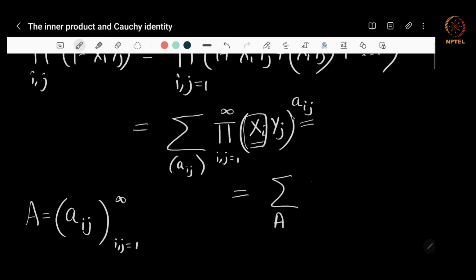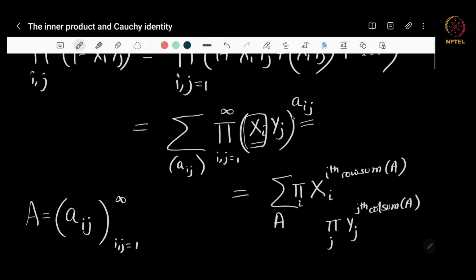So to get a particular xi, I have to look at the corresponding ith row sum. So this is a product over i, xi power ith row sum of this matrix A. Similarly, product over j, yj power jth column sum of A.